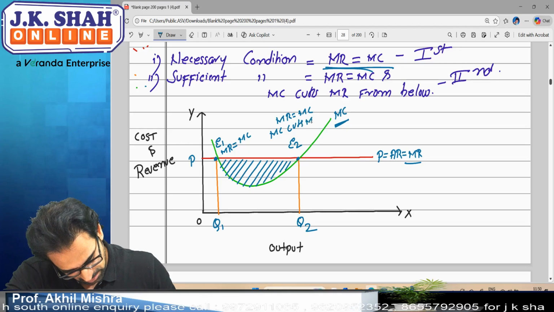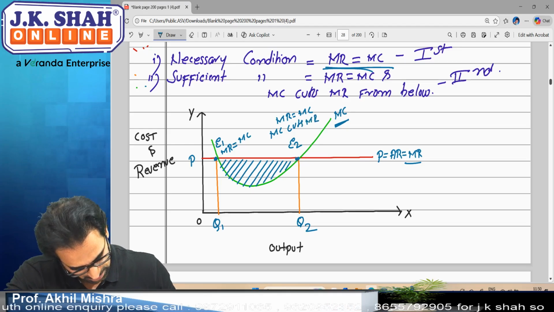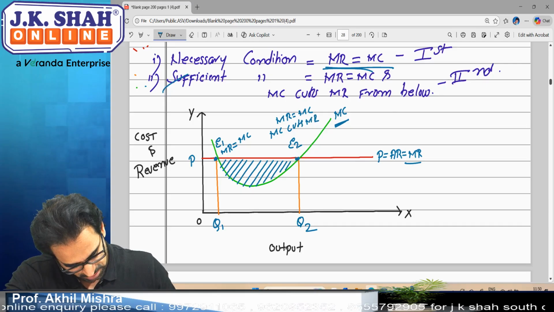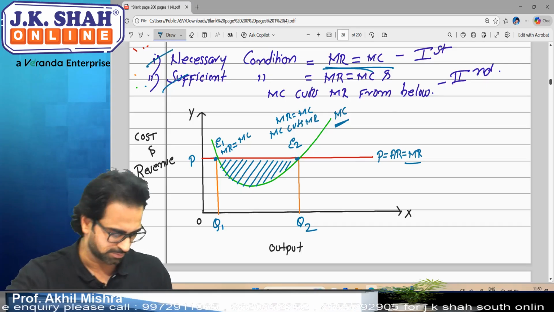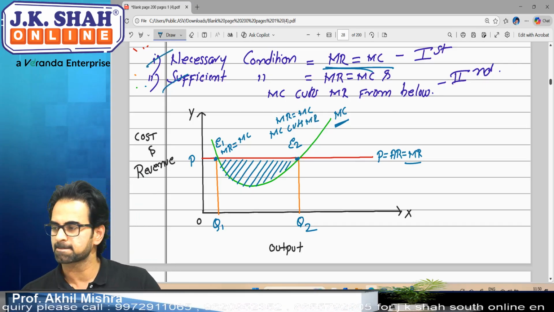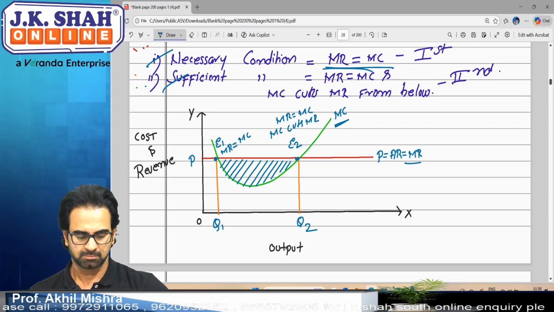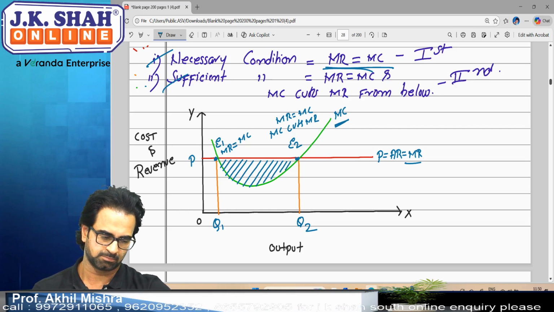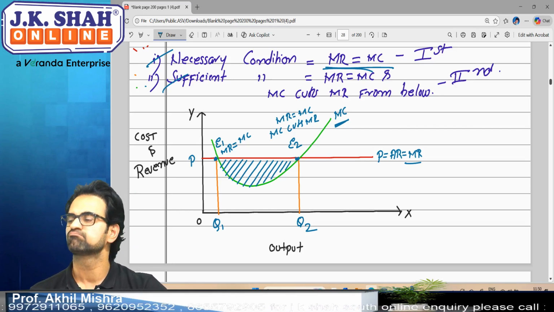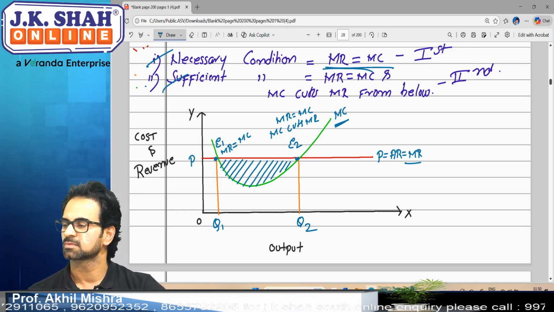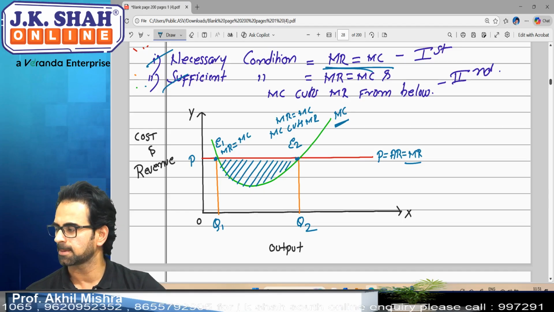This is the sufficient condition. This is the necessary condition. You understand? Would you like to copy this? I wait. Please write.